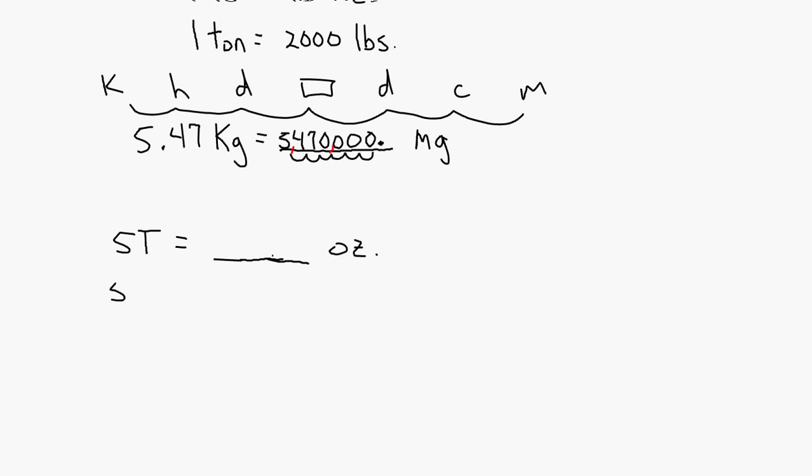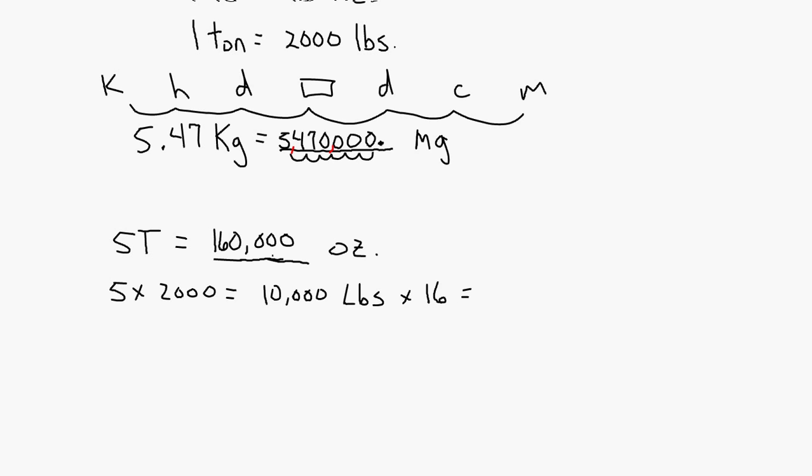So you got 5 times 2,000 equals 10,000 pounds, right? Times 16 ounces per pound. 10 times 16, 160,000. Okay, 160,000 ounces. Everybody all right with that?